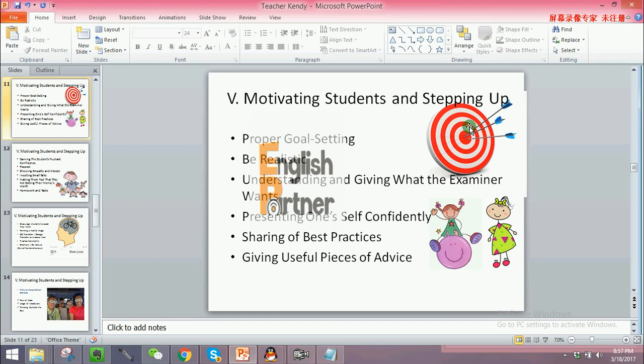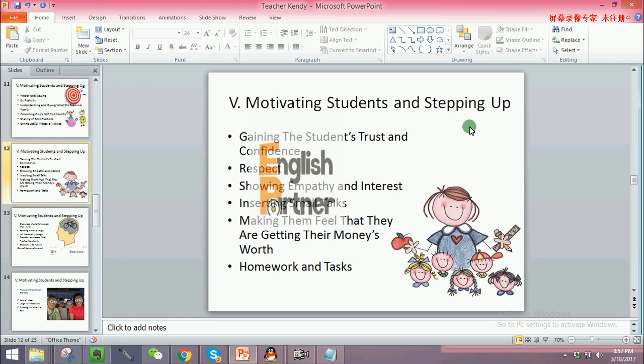Okay, so what's more? For me, these next items are crucial to make your students love you and continue to attend your classes. We can gain their trust and confidence in your teaching if you first respect them as individuals.